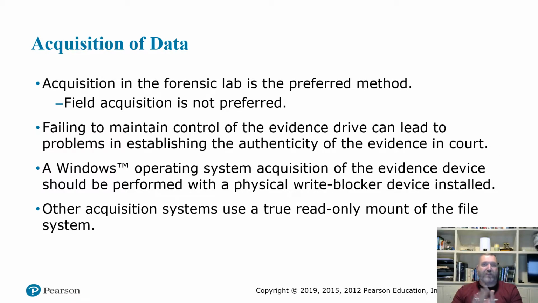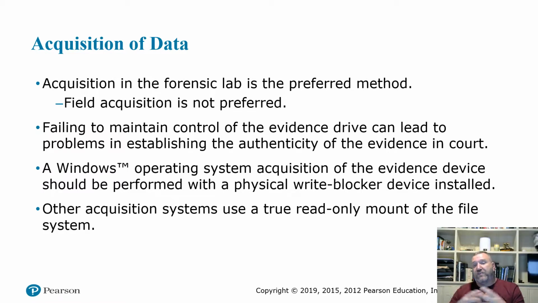For the computer to talk to the drive, to spin the drive, to get it to give information, it has to talk to the drive. If you were to truly block the connection between the computer and the device, you wouldn't be able to ask the device for information, and therefore you wouldn't be able to do your image. So it's really a software write blocker that disables the ability, at the system layer in the OSI, to write to the physical medium.